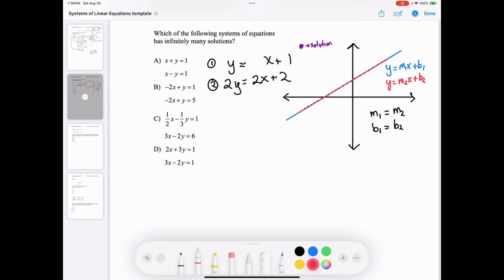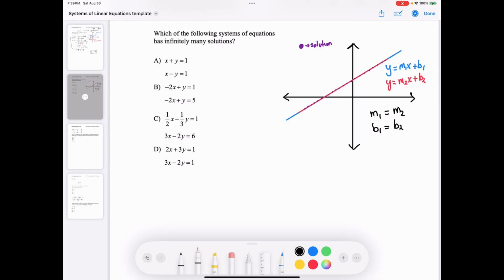If you divide the second function by 2, remember you have to do it on both sides, you'll end up with y equals 2 divided by 2, which is 1, times x, and then plus 2 divided by 2, which is 1. So after some math, you'll end up with y equals x plus 1. Basically the exact same function as the first one. So that means you will have infinite solutions. They're going to touch at every single point. No matter what value you give to x, you'll end up with the same y value. Okay? So that's what we need to find out when we're evaluating those 4 answer choices.